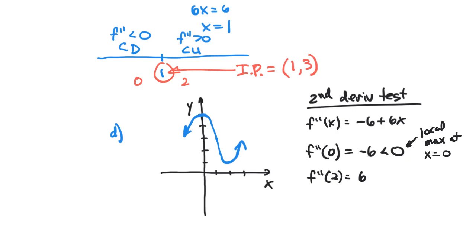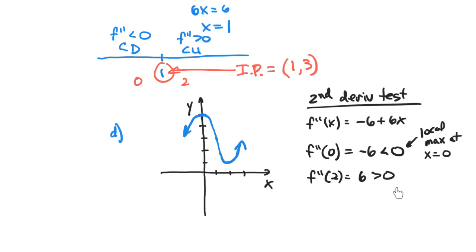And then also f double prime of 2 is 6, which is greater than 0. When the second derivative is positive, you're feeling positive, you have a smile, right? You have concave up, like a cup. So concave up means that there must be a minimum here.